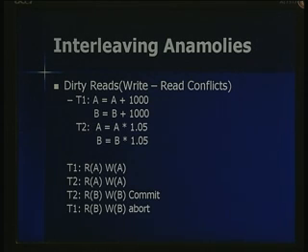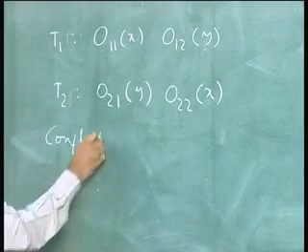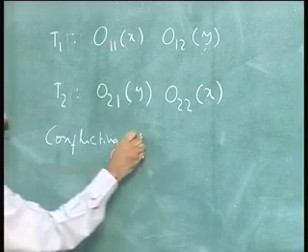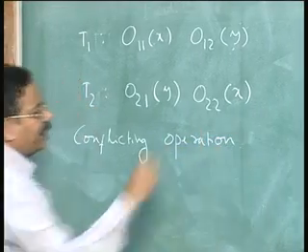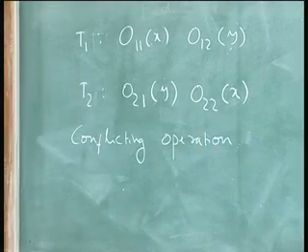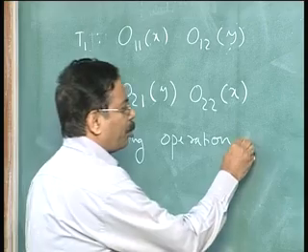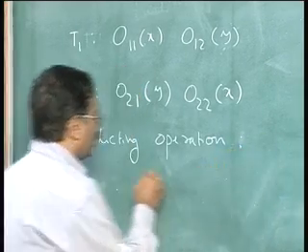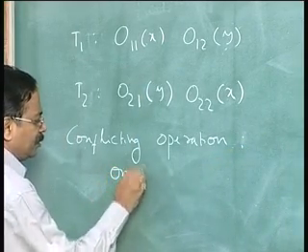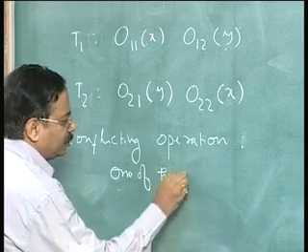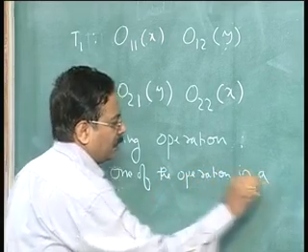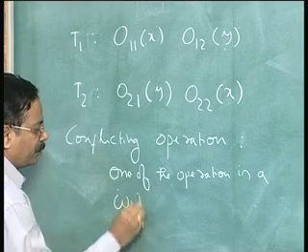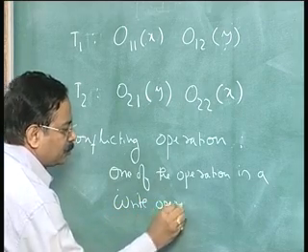that two operations are said to conflict. We say an operation is conflicting when one of the operations is a write operation.